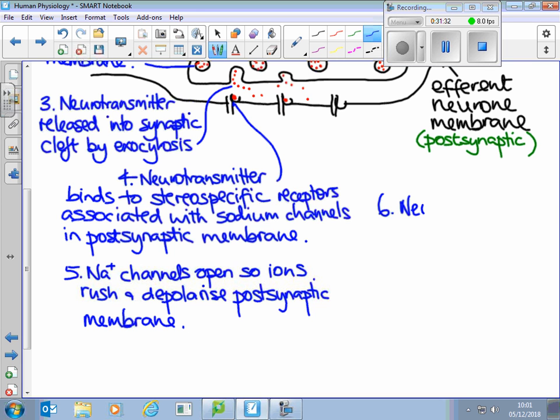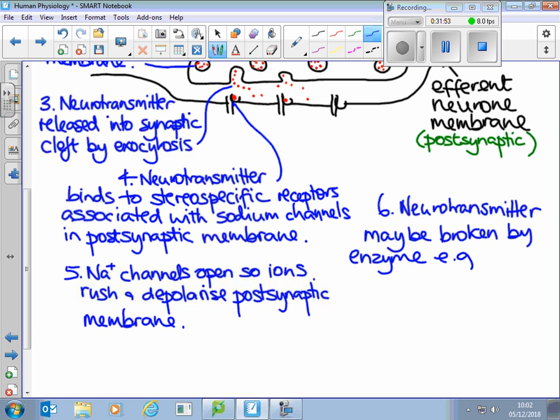So the neurotransmitter, I'll just put, broken down by enzyme, and the name I'm going to give you is acetylcholine esterase, if I can fit it all on. Yes, I can. That breaks down a neurotransmitter called acetylcholine. Acetylcholine esterase.